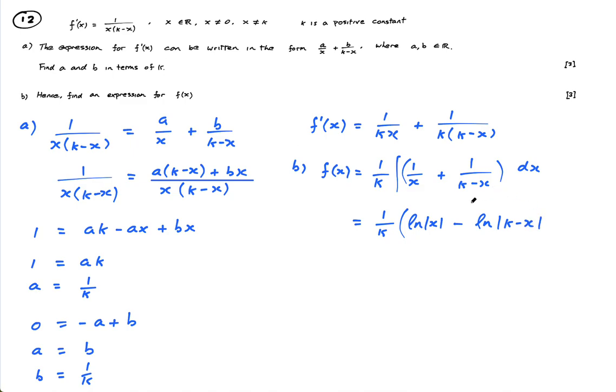And then by the inverse chain rule, we have to divide by the coefficient of x here, which is minus 1, which basically gives us a negative this. So that is the integral, and then we do plus c. If you want to then write it as ln x over k minus ln k minus x over k plus c. Okay, that's parts A and B.